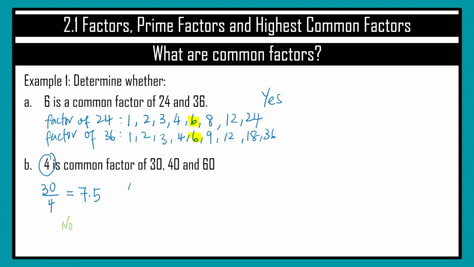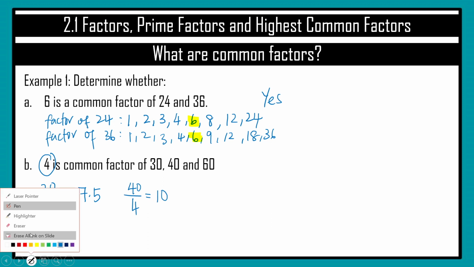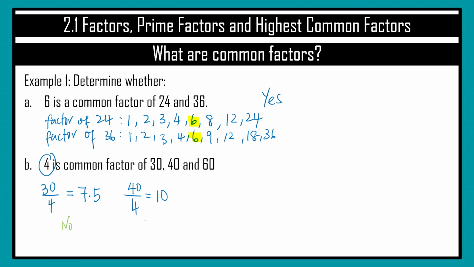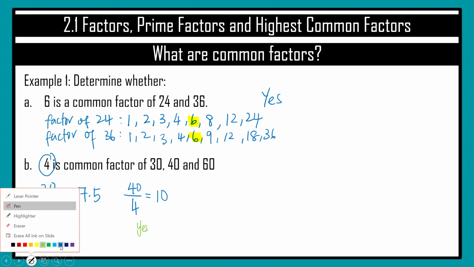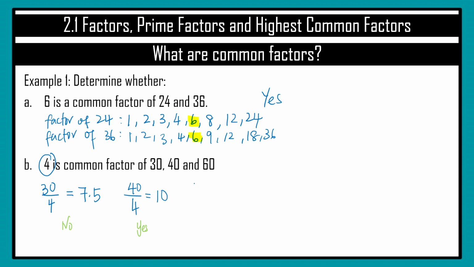I'm going to check another number, 40 divided by 4. We get 10, so we know that 4 is a factor of 40. I'm going to use light green and indicate yes here. And then 60 divided by 4, you get 15.